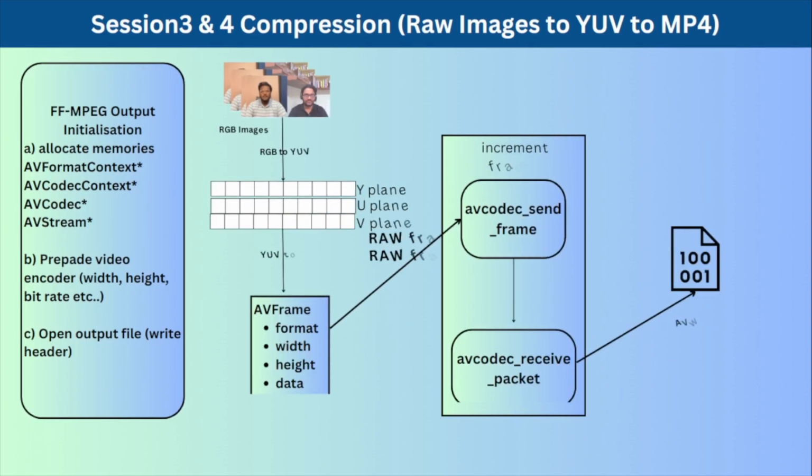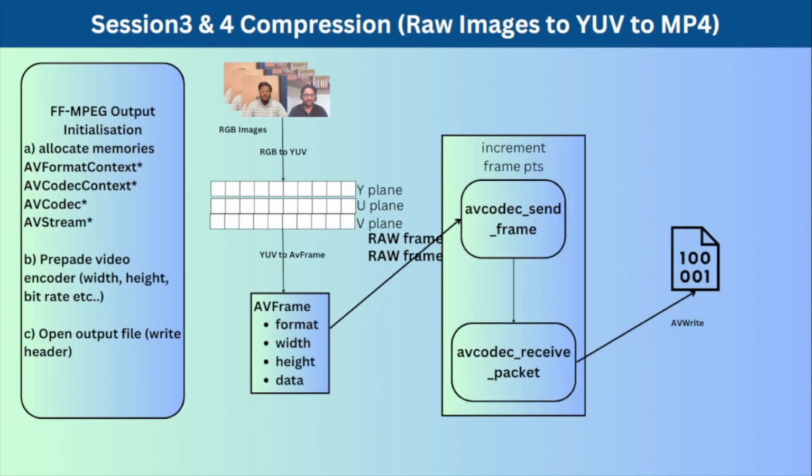Then we moved on to sessions 3 and 4. This is where we explored a bit more: we took the RGB raw images and converted them into YUV images.